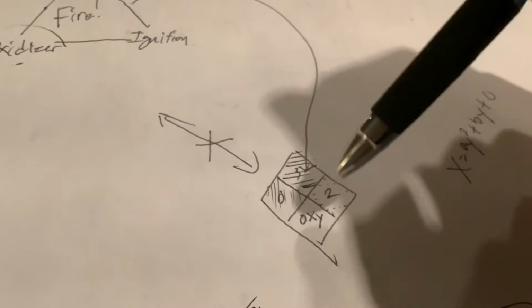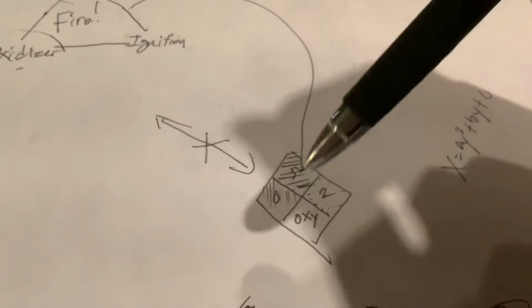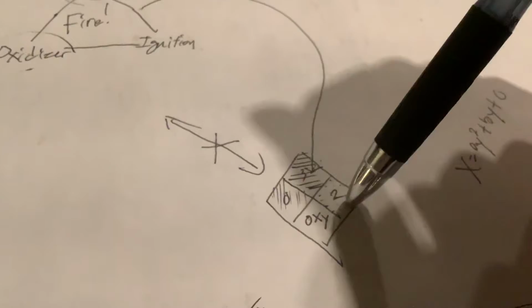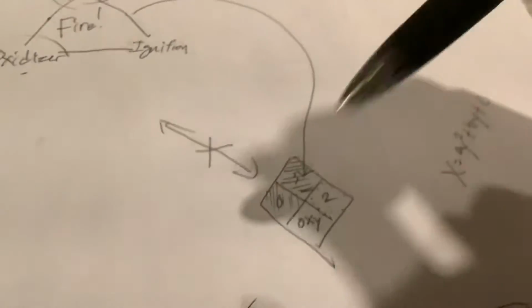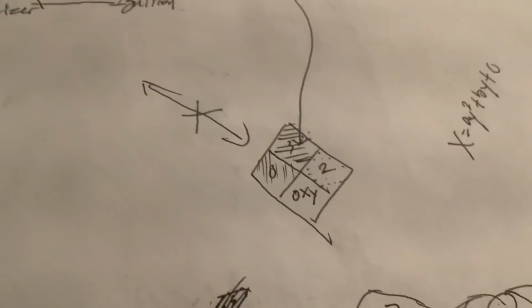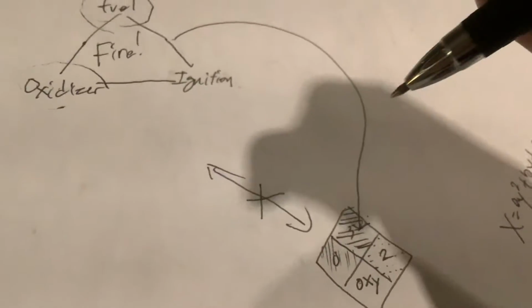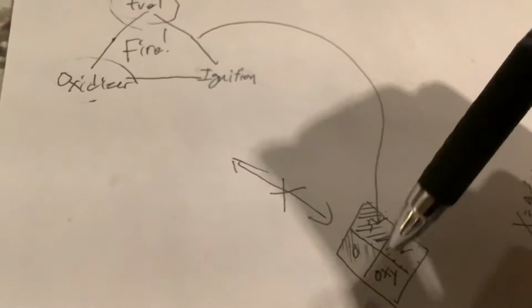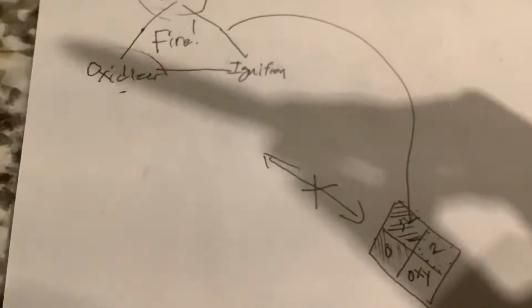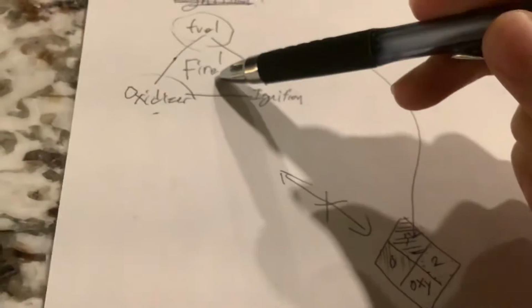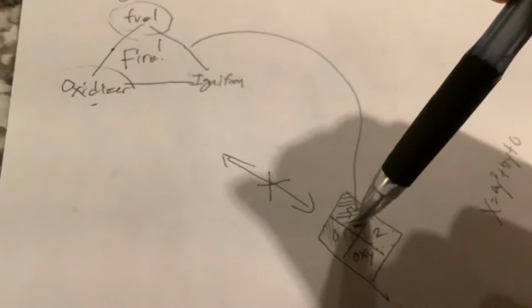This yellow side is chemical reactivity, and the white bottom part is just other warnings. This part does reflect on this part. So the fire triangle is a square in the diamond.